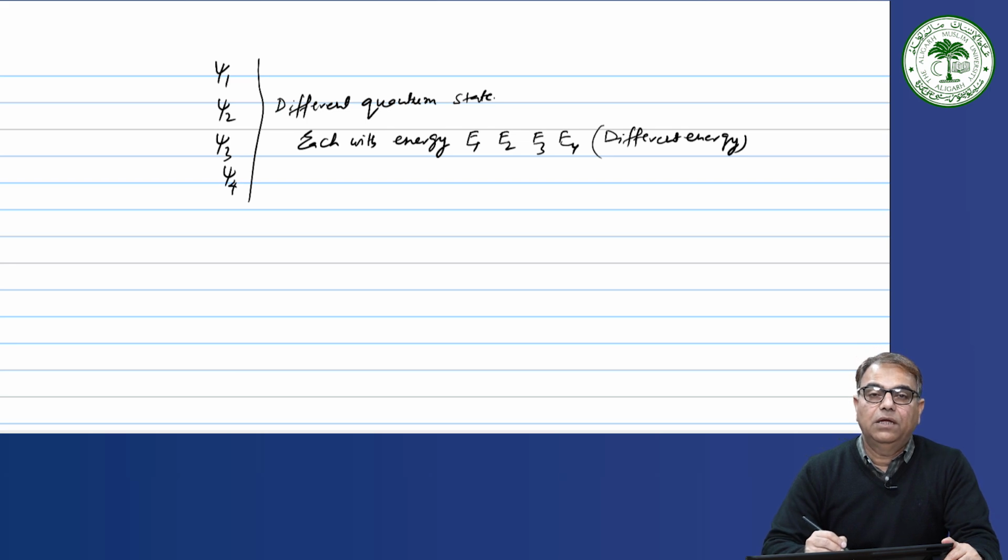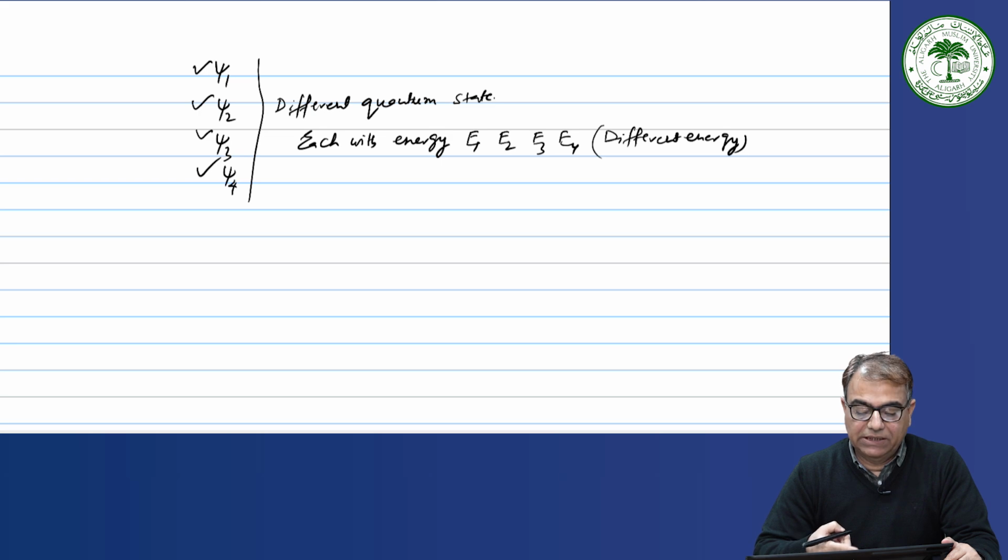Then if each of these wave functions characterizes a particular quantum state, then at a particular time the system could be in any one of the quantum states, either psi 1 or psi 2 or psi 3 or psi 4.